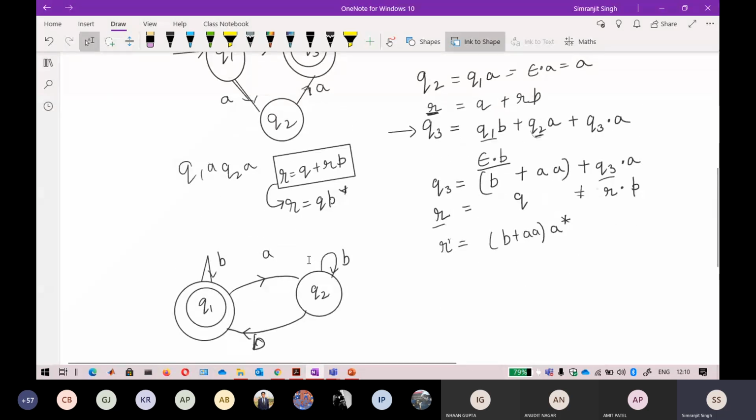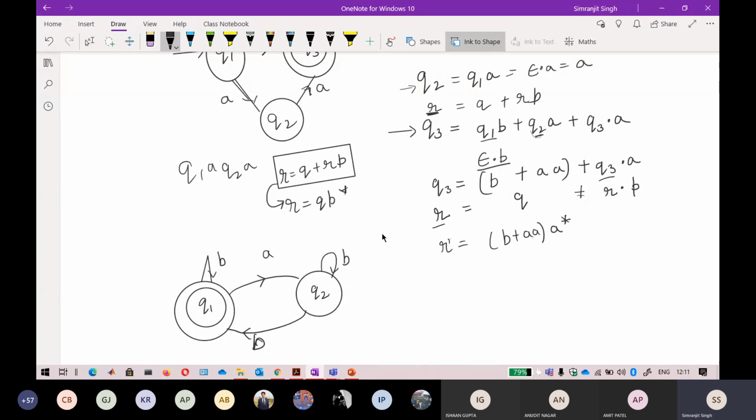If q2 is also turning into R equal to Q plus RP form, you can apply Arden's theorem on q2 also. However, we have to apply it at q3, but if you are able to see that a pattern of Arden's theorem exists, you can apply the solution to that also.